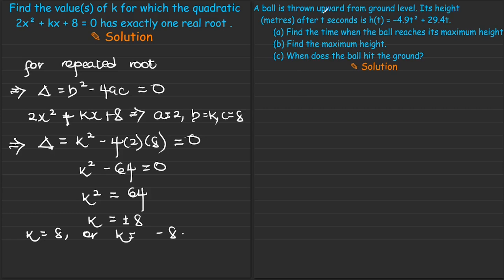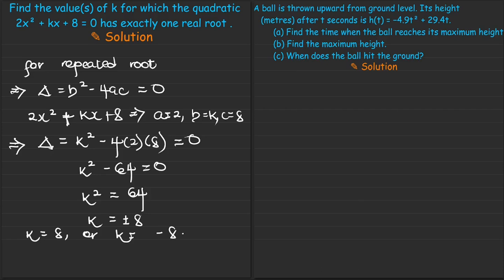Its height, in meters after t seconds, is what we have over here. Our first question says you have to find the time when the ball reaches its maximum height. Secondly, you have to find the maximum height. And then you have to find when the ball hits the ground.